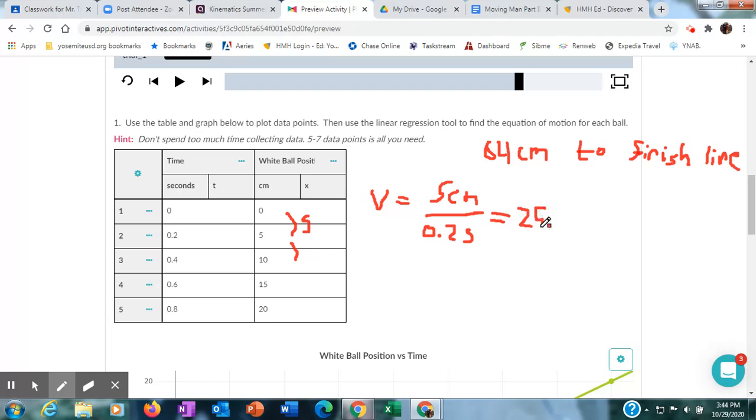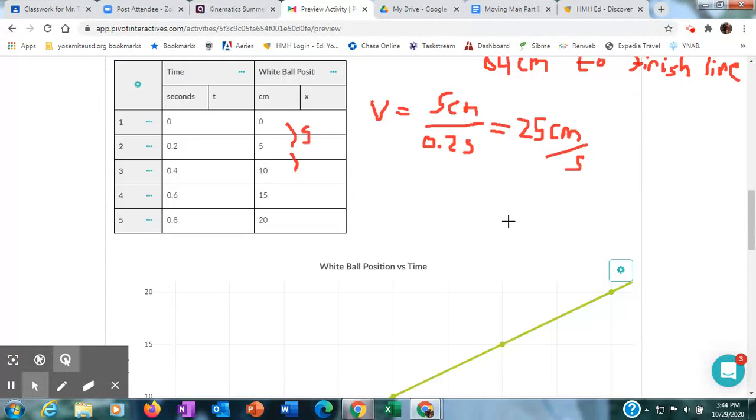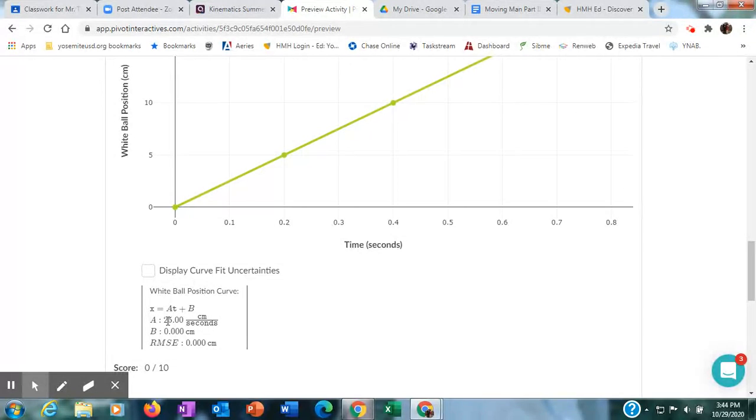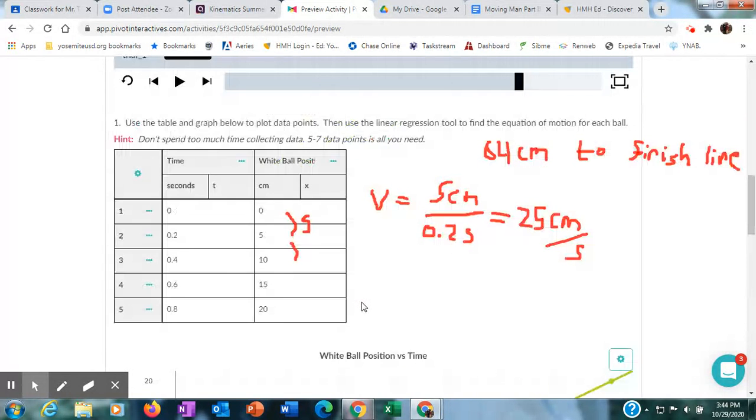So it is going to travel 25 centimeters per 1 second. And if we want, we could look down at this slope right here, according to our graph, and yes, sure enough, 25 centimeters per second. Boom, we got it.